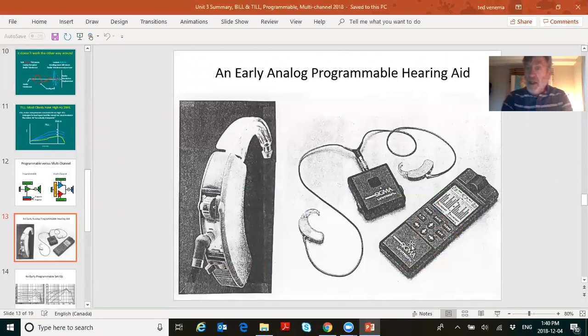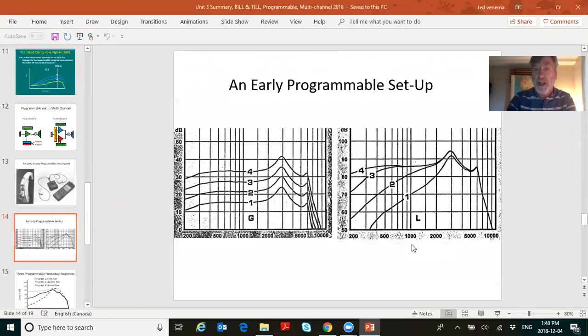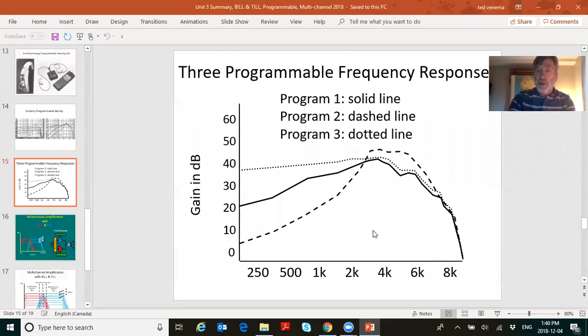And in 1995, 1996 was the end of the analog era, and the high-end analog hearing aids were both programmable and multi-channel. So you had different programs for different listening situations, and we still do that, of course, today in today's digital hearing aids. A program for listening in quiet, a program for listening in noise, one for listening to music, what have you. That hasn't changed. But that began in the good old analog era.